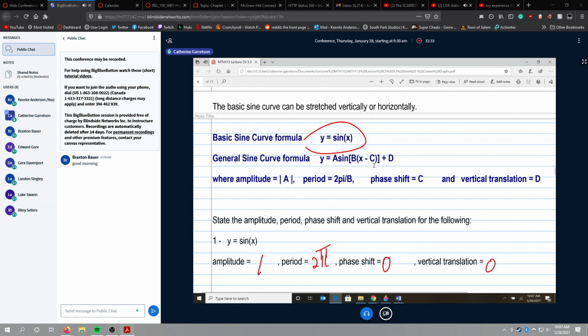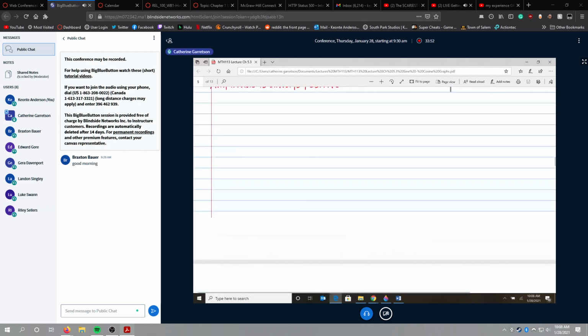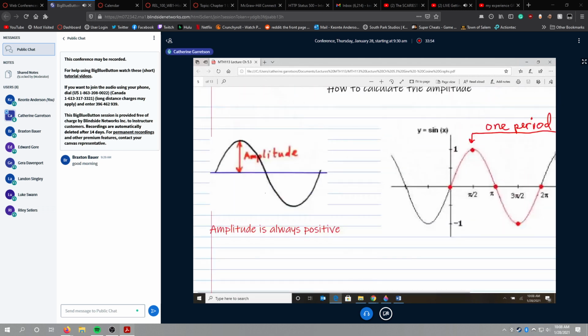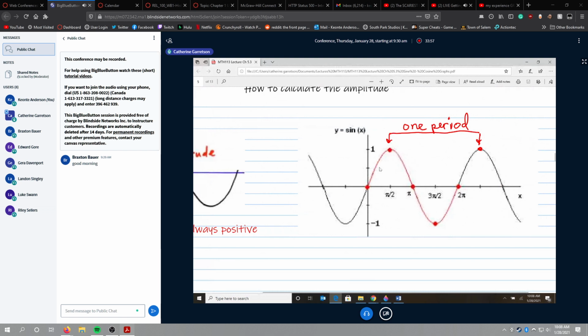All right, now inside. There are 2 things you could do to the inside of the angle, but inside where the angle is affects a horizontal change. So one would be that I'm going to change the period. In other words, think of an accordion, or a slinky, how you push it in and pull it out.